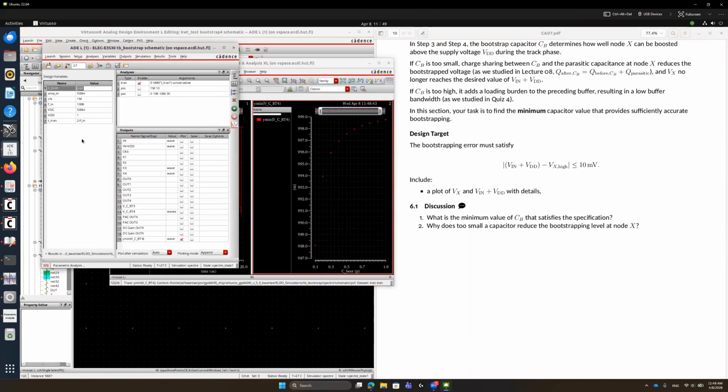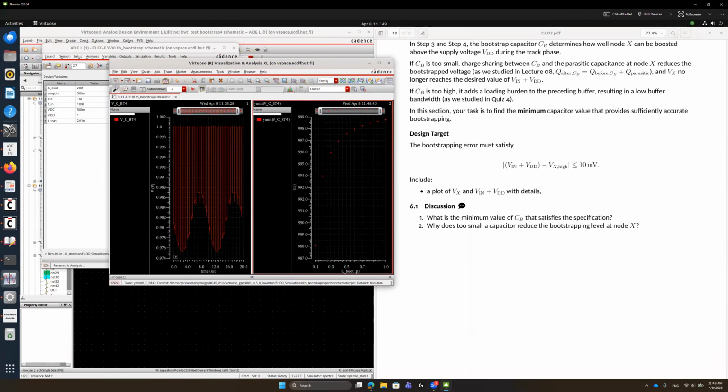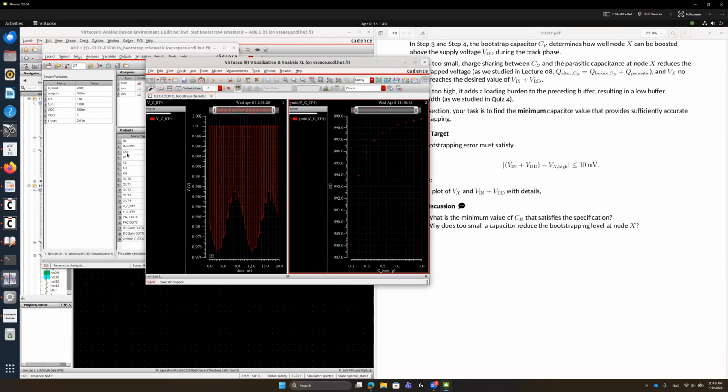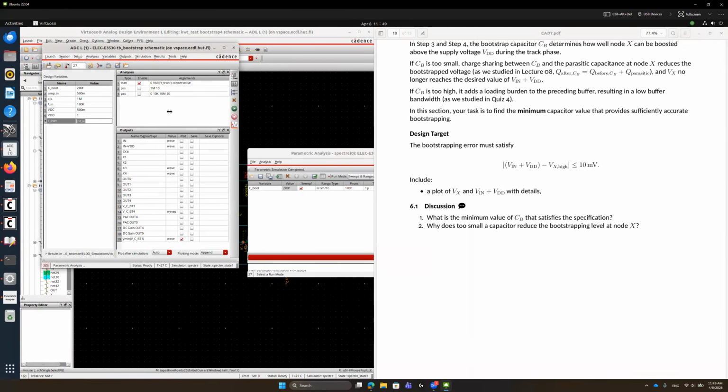So yeah, if we assign 200 femtofarad, you can achieve this. And for verification, maybe we can also run 10 cycles of input frequency, as one of our students asked during the lecture. And Vx4 and Vin plus VDD. And let's run it.